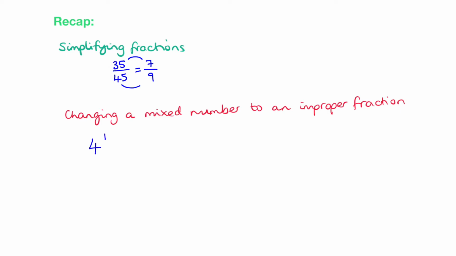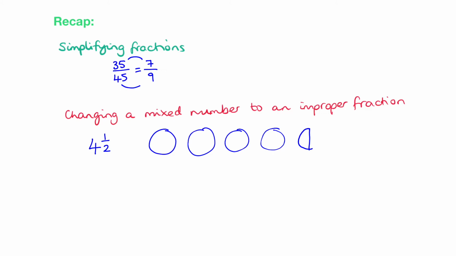So let's start with 4 and a half. Remember, 4 and a half means we've got 4 whole ones and half a one. That wasn't a very good half a one. I'm going to redraw that. Try again. That looks a bit more like a half, doesn't it?